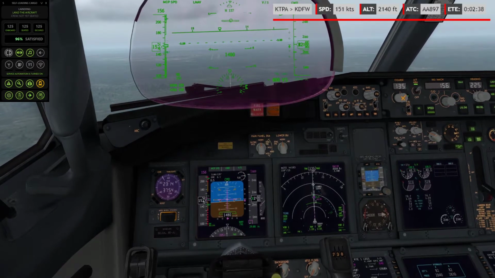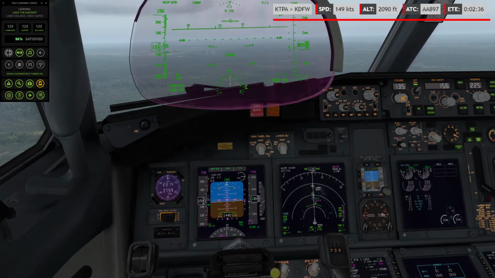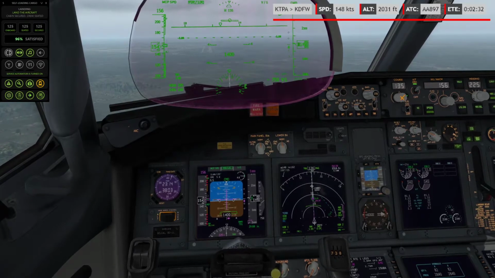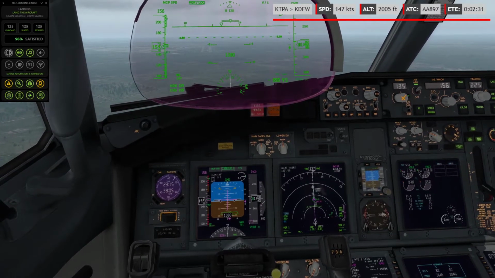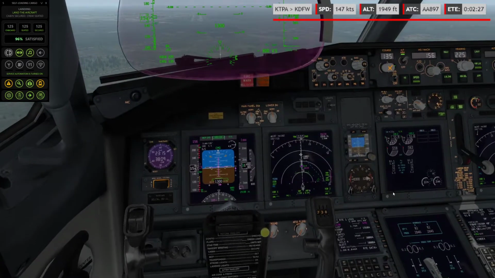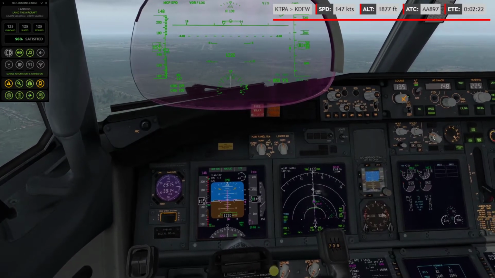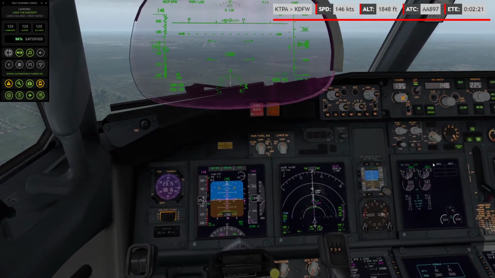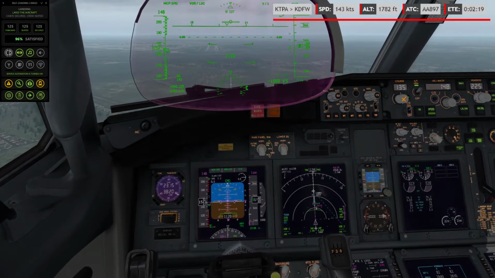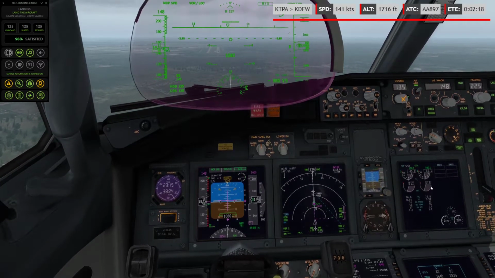Flaps 25. Let's go 900, just so we don't lose the glide slope. And flaps 30. Alright, glide slope is coming back. We can go approach. We have glide slope.